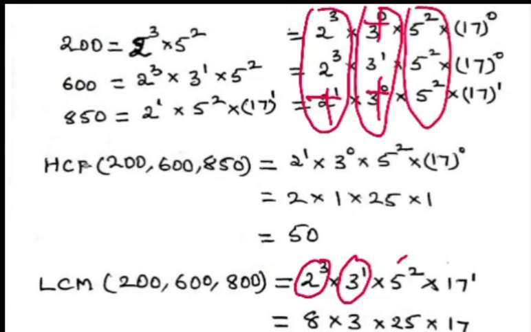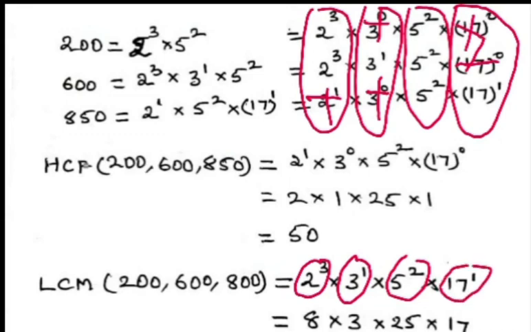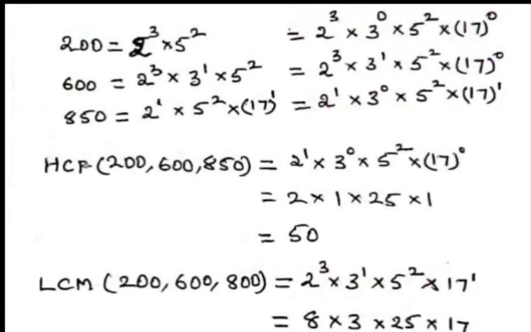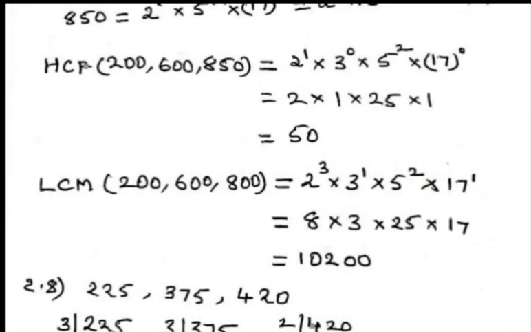So 5 square, then 17 power 0 and 17 power 1. The highest power is 1, so 17 power 0 is not taken into consideration. So now we find the LCM of the three numbers. The LCM of the three numbers is 10,200.